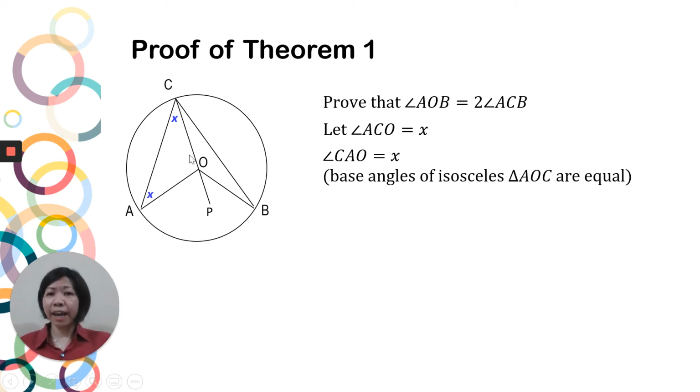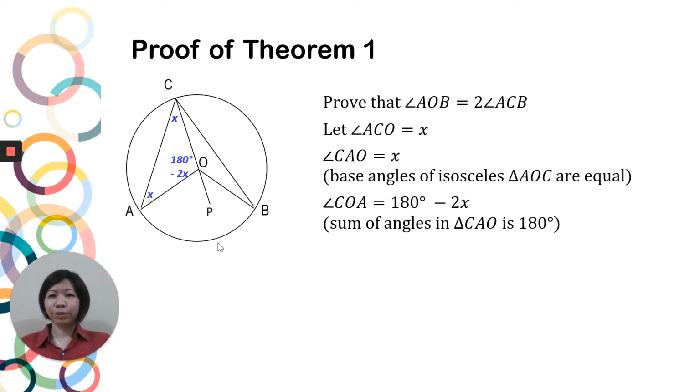Now look at the third angle in that triangle. Can you calculate this angle, COA? It should be simple, right? You can calculate it simply by recalling that the total angle in a triangle is equal to 180 degrees. So COA is equal to 180 degrees minus 2x.